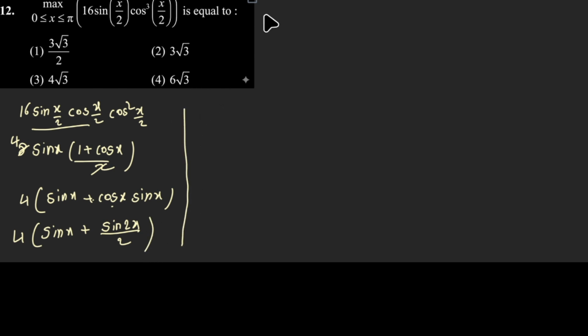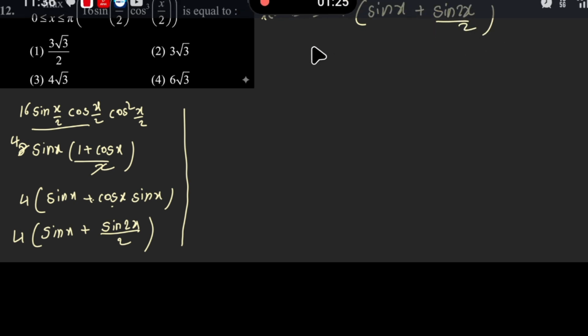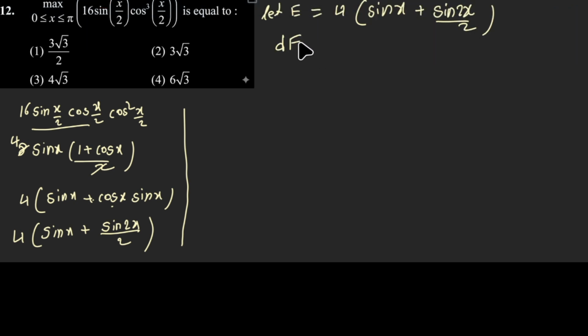So let E is equal to 4 of sin x plus sin 2x by 2. dE by dx is equal to 4 of cos x plus 2 cos 2x by 2, 2 cancels.